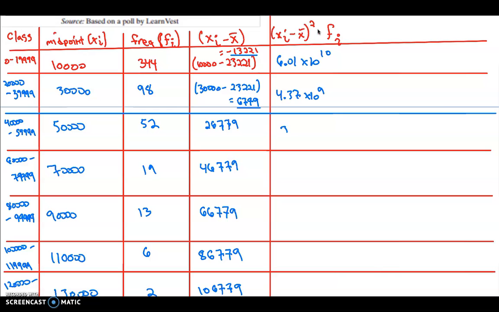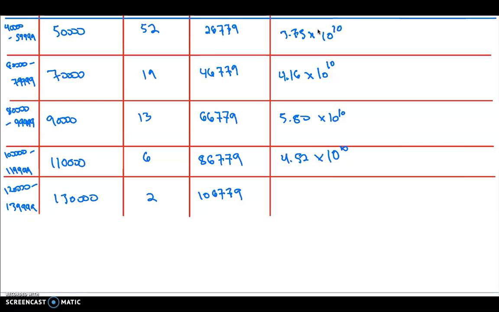Okay, and the next one is 3.73 times 10 to the 10th, 4.16 times 10 to the 10th, 5.80 times 10 to the 10th, 4.52 times 10 to the 10th, and lastly, 2.28 times 10 to the 10th.